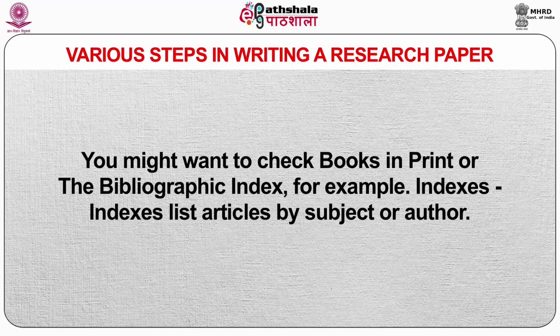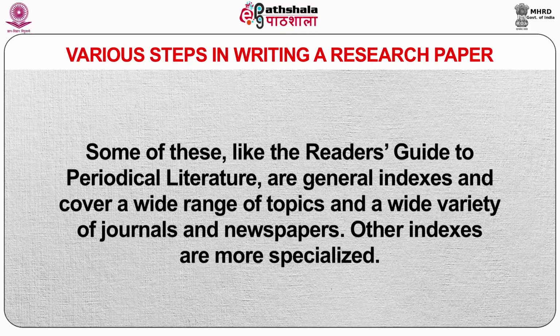Researchers want to check Books in Print or the Bibliographic Index. For example, the indexes list articles by subject or author. Some of these, like the guide to periodical indexes, cover a variety of topics related to the field, such as the variety of journals available in the library.